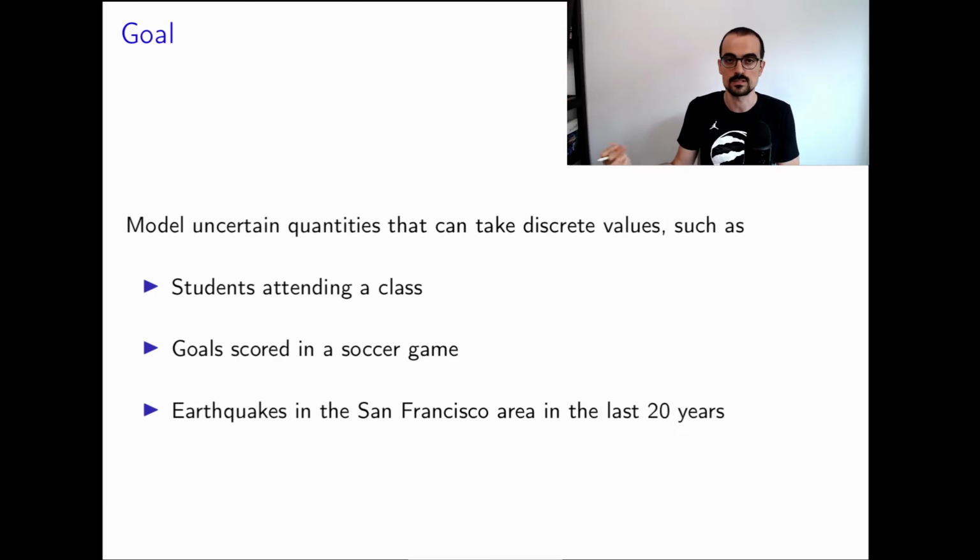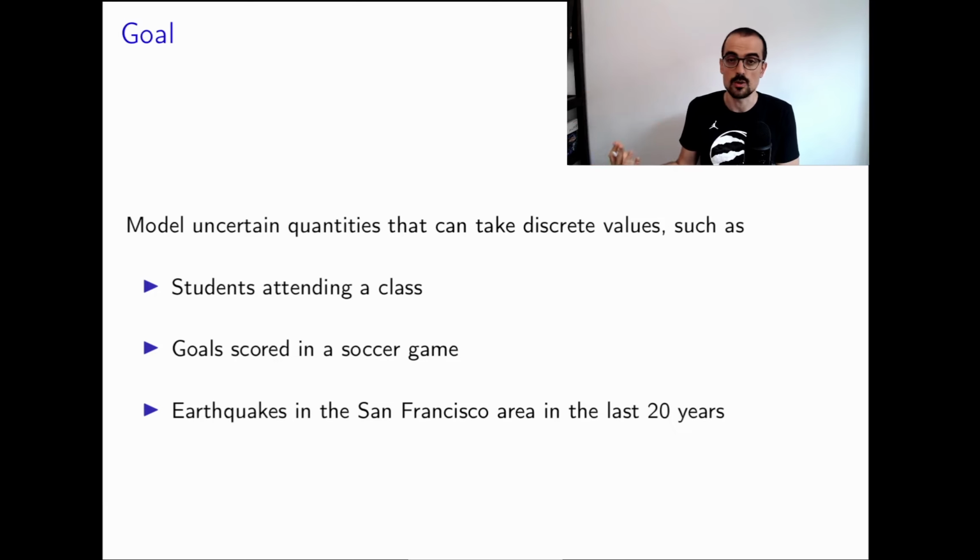So some examples of uncertain quantities that we might want to model include the number of students attending my next class, for example. It might be 60, it might be 3. It's definitely going to be a finite number. The goals scored in a soccer game, typically also finite. I mean, in theory, I guess we could consider it countably infinite, but you know, there's going to be at most 8 or 9.